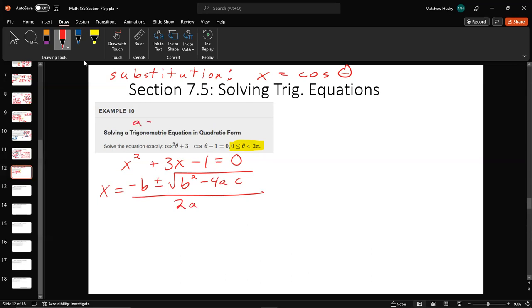In this problem, a will be 1, b will be 3, c will equal negative 1. So this is negative 3 plus or minus the square root of 3 squared minus 4 times 1 times negative 1, all divided by 2 times 1.